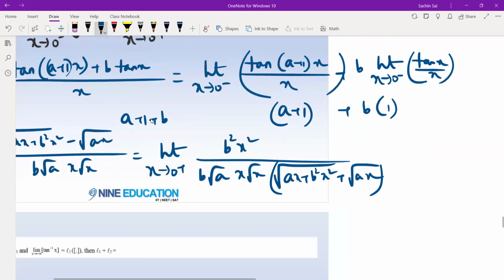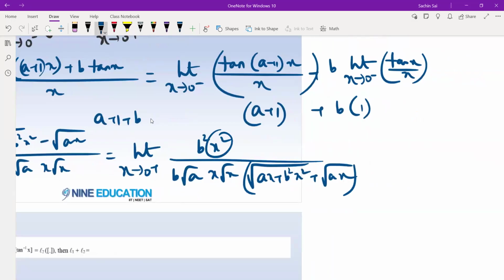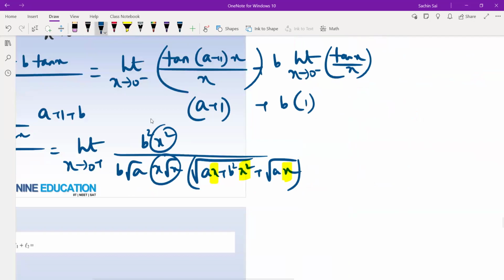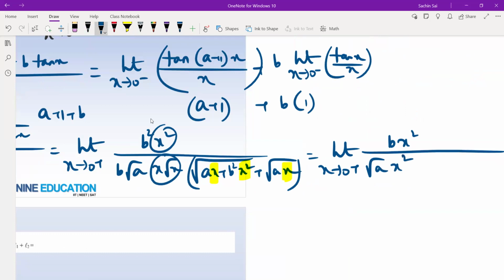Now, what do you observe here? I have x square in the numerator, x root x in the denominator, but I can also factorize another x from the terms inside the square root, right? So if I do that, I will get the limit as x tends to 0 plus of b x square upon root a times x square.